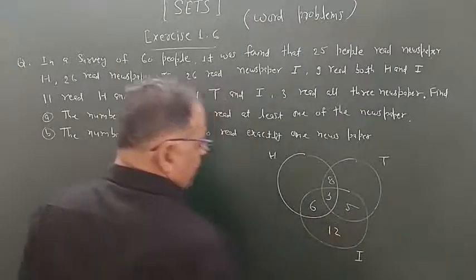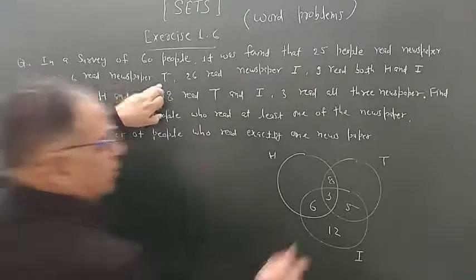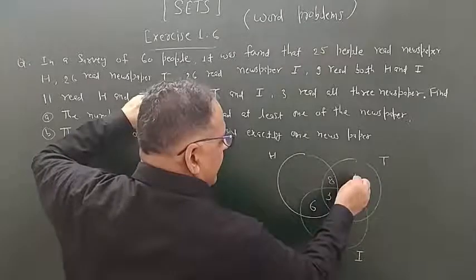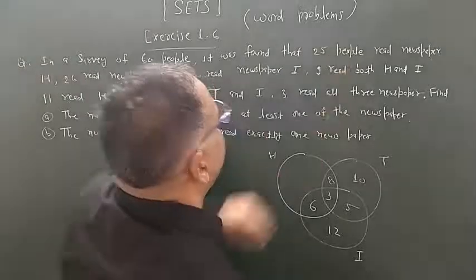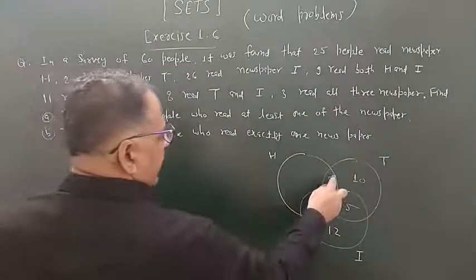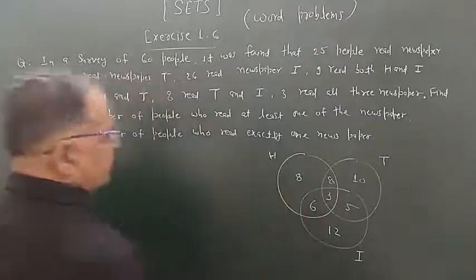So the remaining 12 are there. 26 read newspaper T. Here 8 plus 3 is 11, plus 5 is 16. So 10 are there. And now H. 25 people read newspaper H. 8 plus 3 is 11, plus 6 is 17. So only 8 are there.